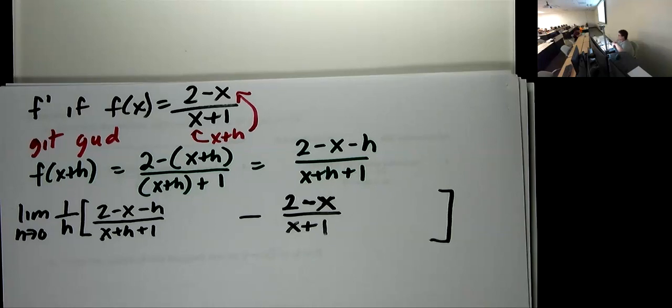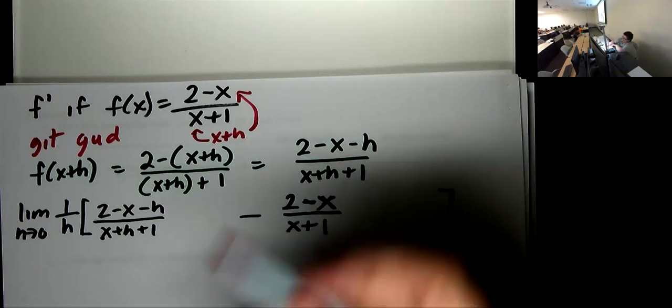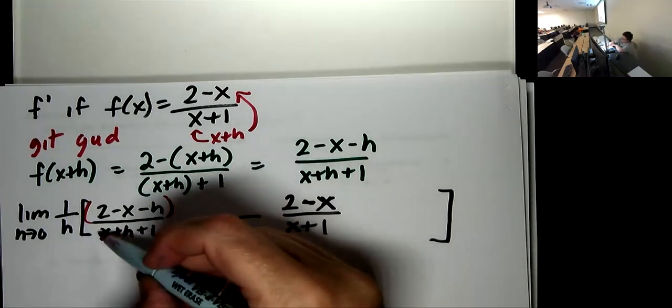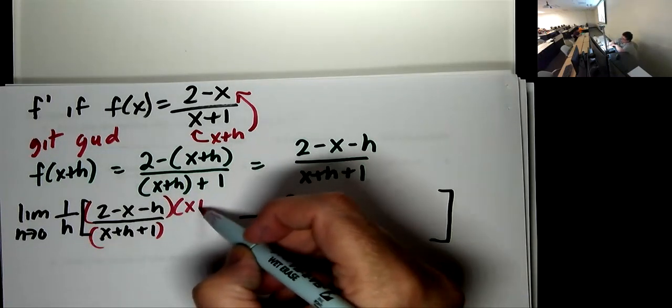So what do we have to do? Yeah, multiply by the other denominator.